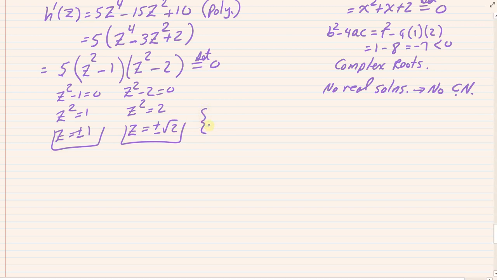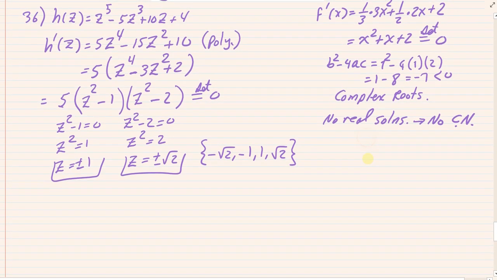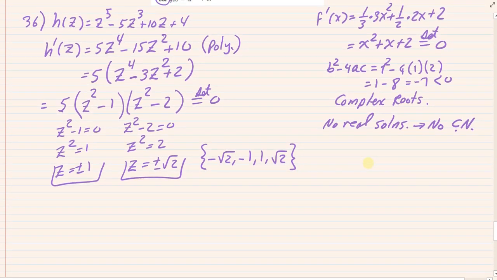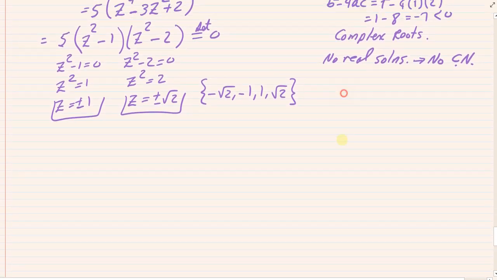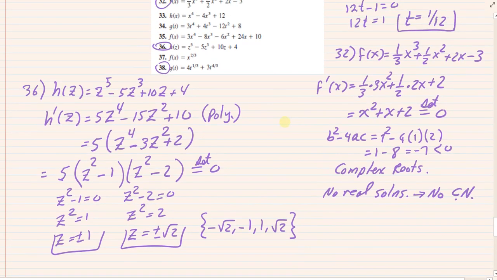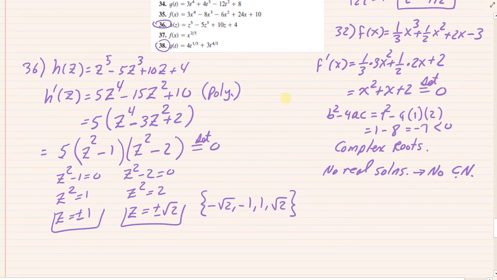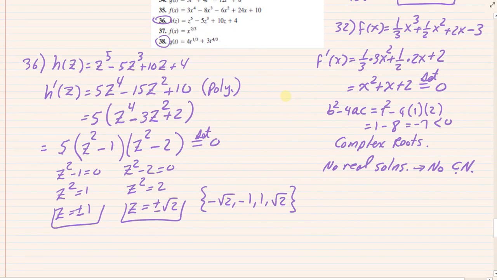The four critical numbers are negative root 2, negative 1, 1, root 2. These are the critical numbers. So later on, we're going to say, well, if there is an extrema of the function, it has to occur at one of these, or it's an endpoint.